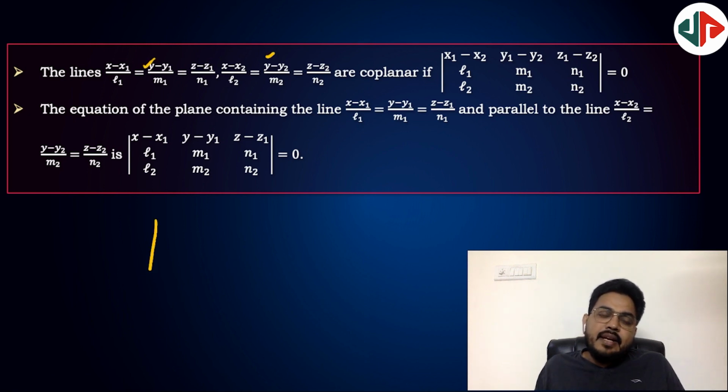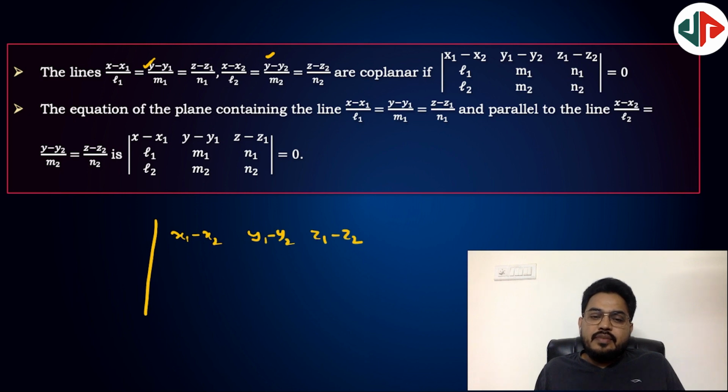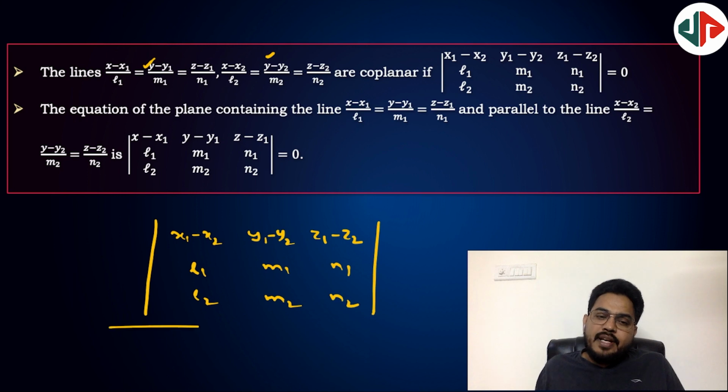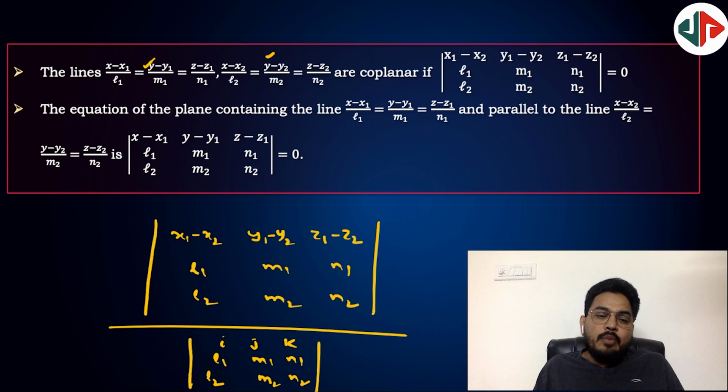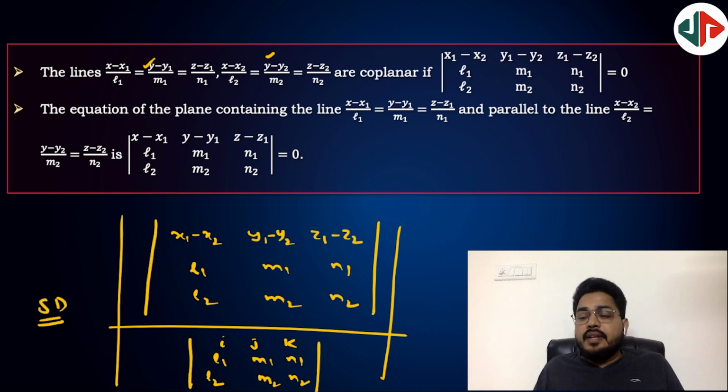It is simply the determinant of x1 minus x2, y1 minus y2, z1 minus z2, L1, M1, N1, L2, M2, N2, divided by the modulus of the determinant of i, j, k, L1, M1, N1, L2, M2, N2, because you require the positive one. This is the shortest distance.